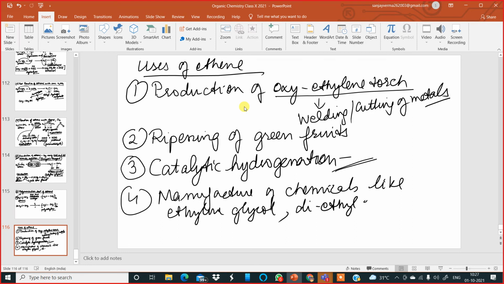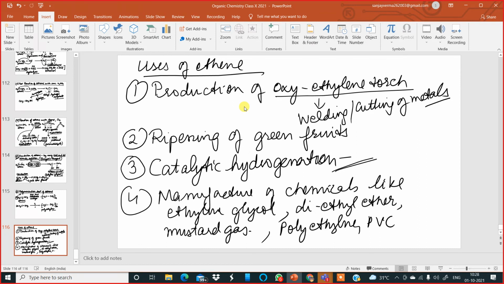Manufacture of fumigant: ethylene oxide is a fumigant, and mustard gas also, which is used in chemical warfare. Other things which can be produced from this are polymers like polythene, polyethylene, PVC, and so on.